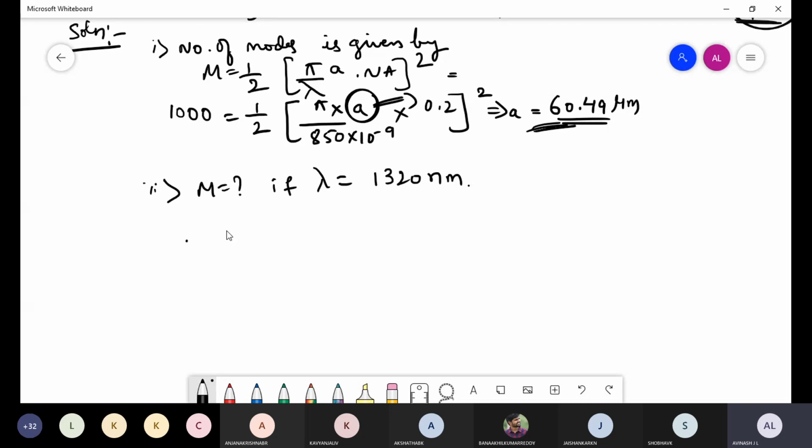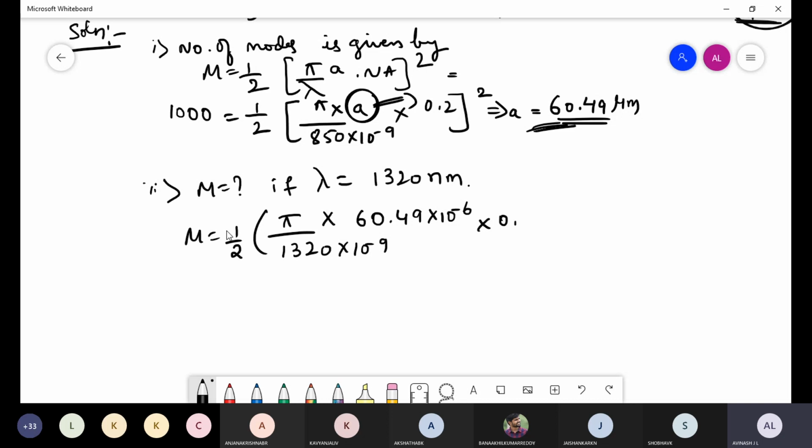So now M equal to 1 by 2 into (2 pi divided by 1320 into 10 to the power of minus 9, nanometer means minus 9, into the a value we already calculated, that is 60.49 micro, meaning 10 to the power of minus 6, into numerical aperture, the value doesn't change, 0.2) to the power of 2. So that is equal to how much?